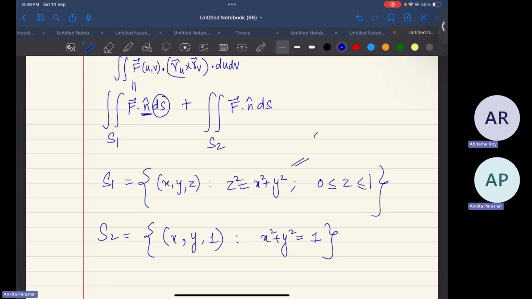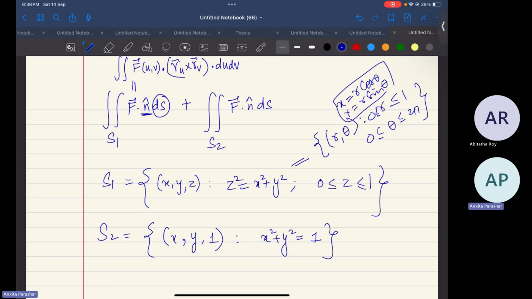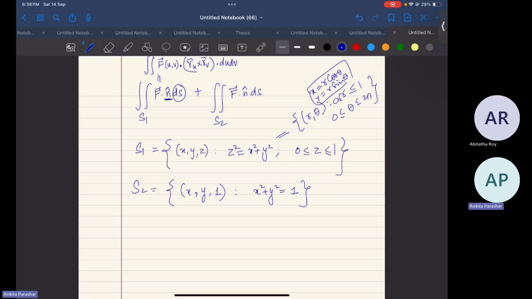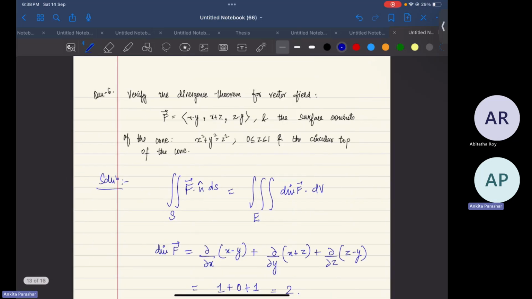So I will write this part as r and theta, such that r is from 0 to 1 and theta is from 0 to 2 pi. I'm writing x to be r cos theta, y to be r sin theta; these two things one can relate. So let's just compute what this is. F, let me copy.